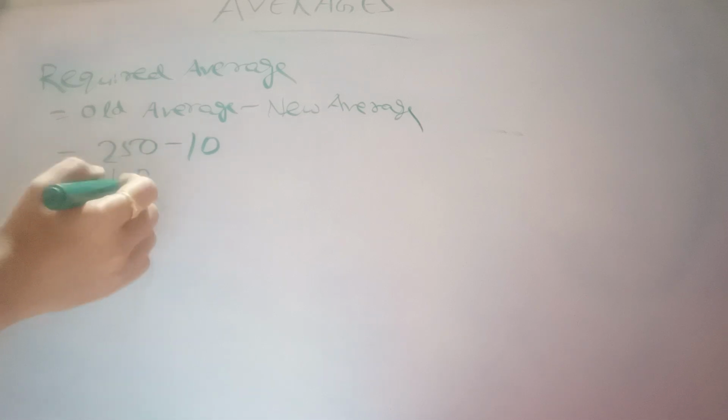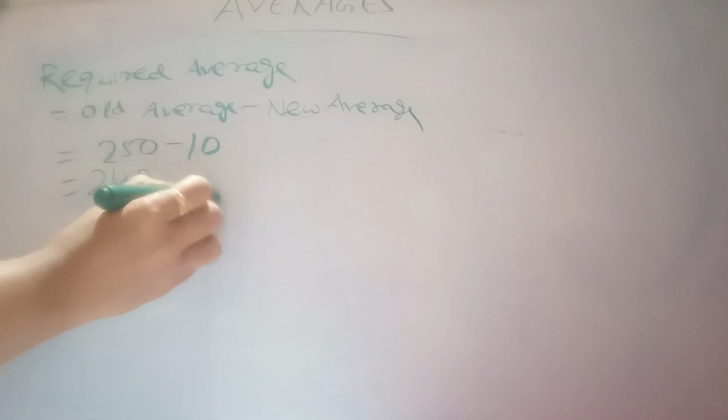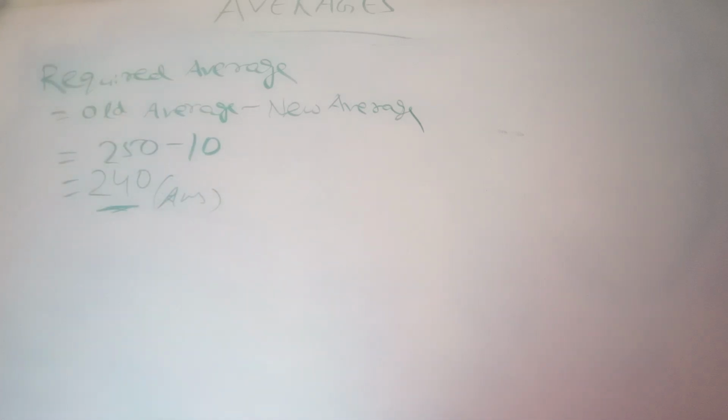The required average is 240. This is the answer. If each quantity is multiplied by a certain value k, then the new average is the product of the old average with k.